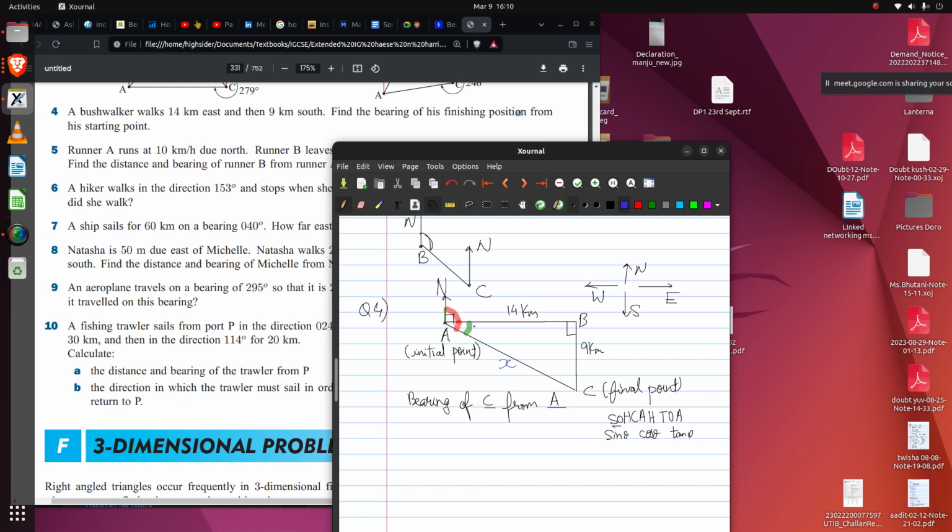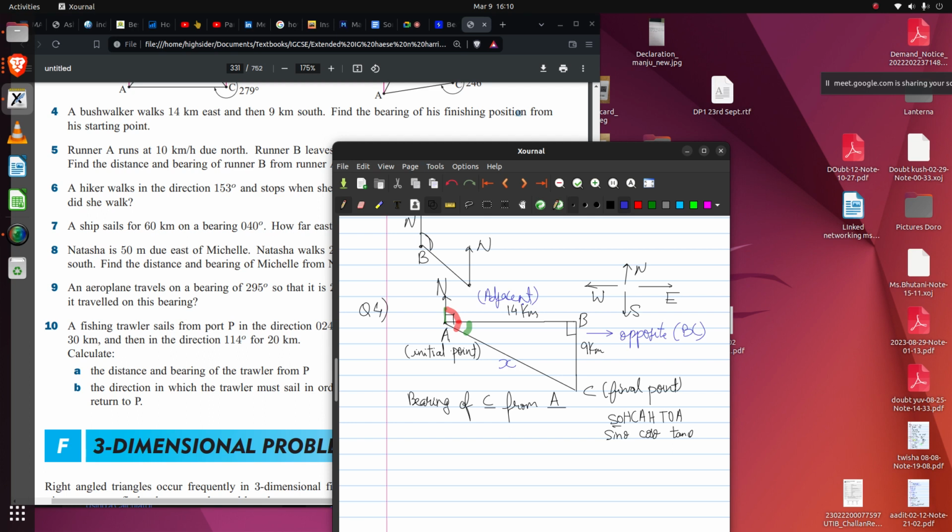Like whether it's adjacent, opposite. Okay. So for angle A, obviously BC is opposite, no? So which one is adjacent? Adjacent will be the one with 14 kilometers.